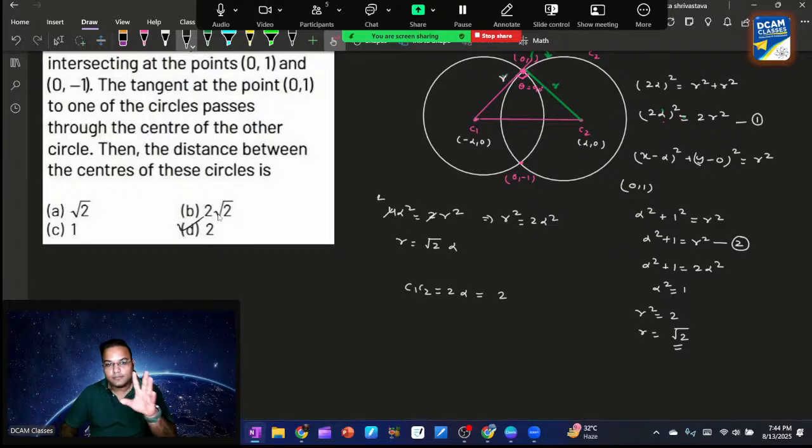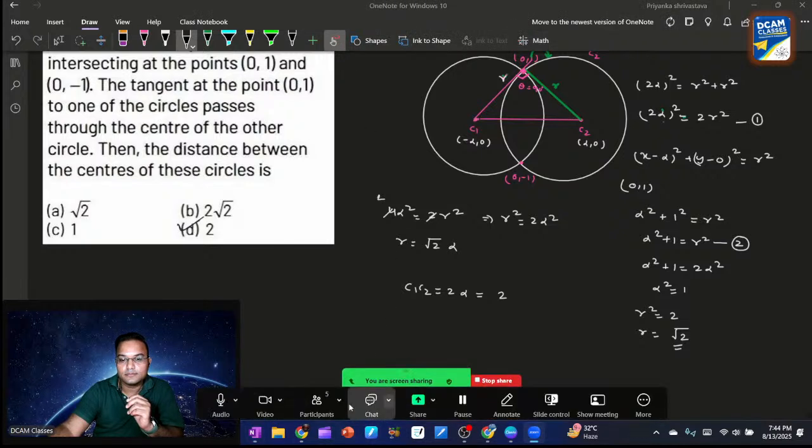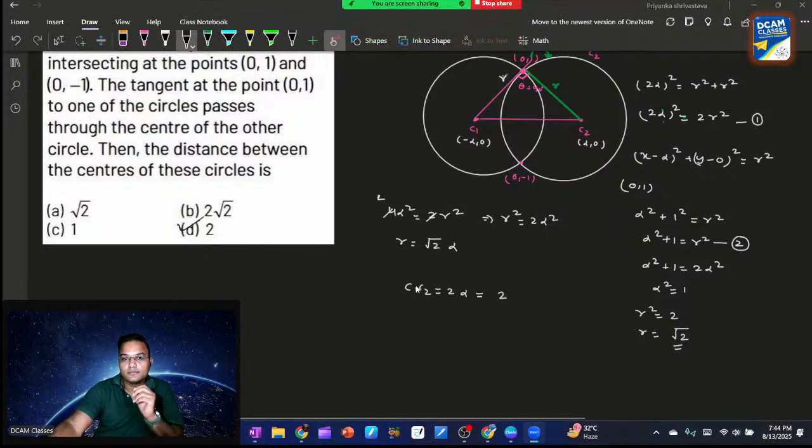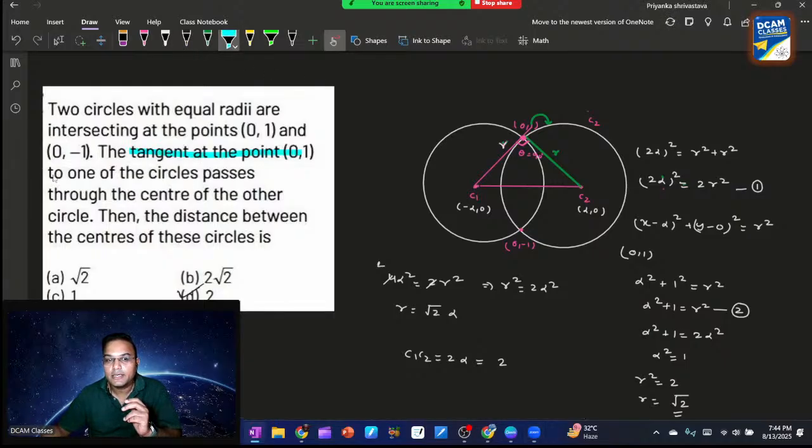Clear to everyone or anyone has doubts? See, this line, tangent at the point to one of the circles, passes through the center of the other circle.